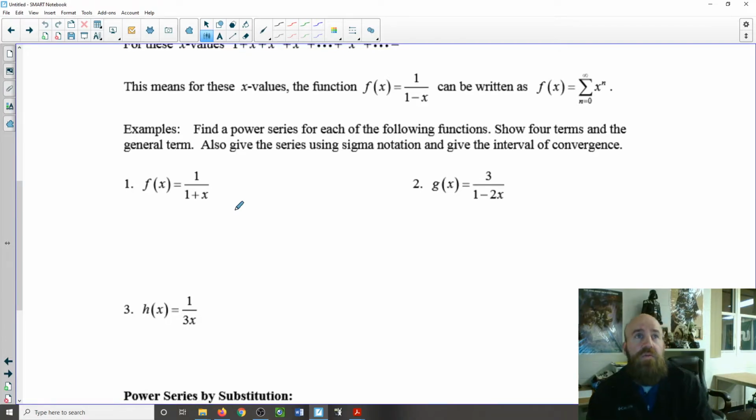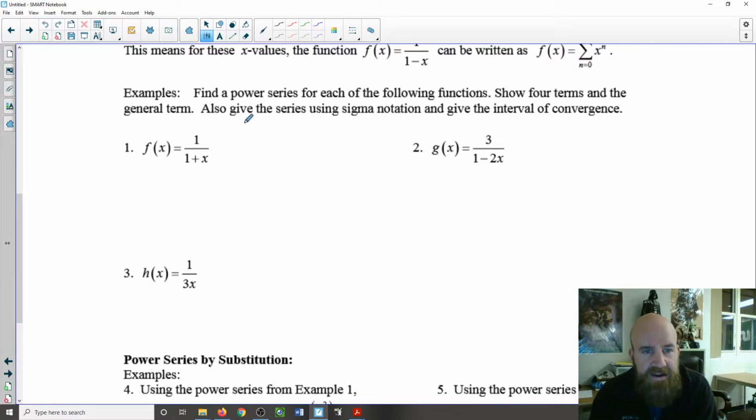All right, so this first function, 1 over 1 plus x, we can think about a power series. Well, not a power series, a geometric series. When we talked about that, we said if it does converge, we can find what the value is using our formula, a over 1 minus r. So this is in this format. We can say that this is a geometric power series because of the formatting.